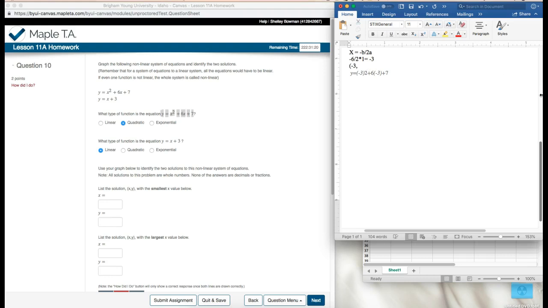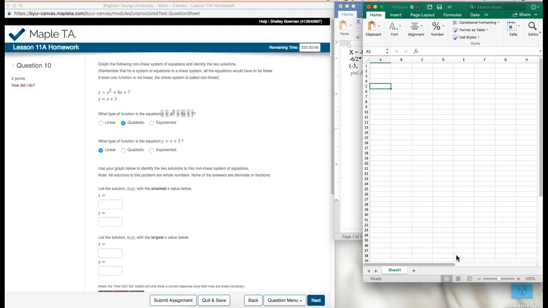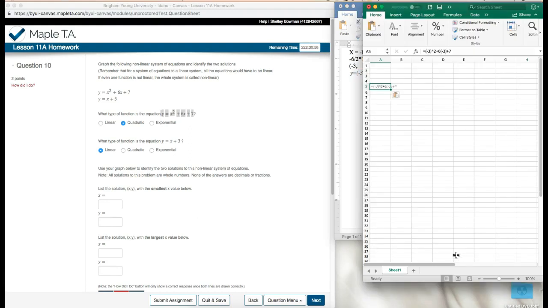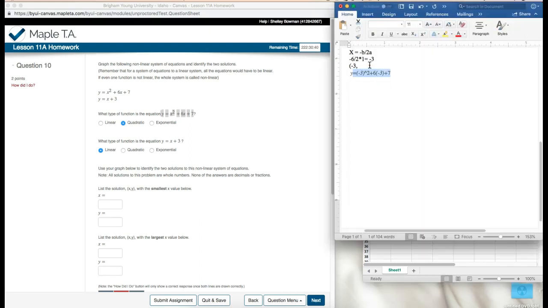And this 2 came out of the exponent, so I need to do Shift 6, and I'm going to copy and paste that into Excel because it'll make it really fast. And we have those resources, so might as well. Okay, Control V, pasted it in there. The only thing is Excel doesn't understand that between the 6 and the negative 3 that I need to multiply. So you have to tell it to do that operation. Okay, press Enter, and that was very fast. We get negative 2, and the y-coordinate of our vertex is negative 2.